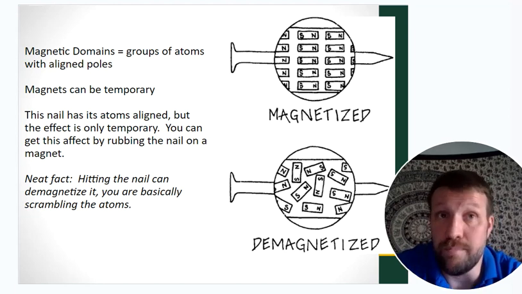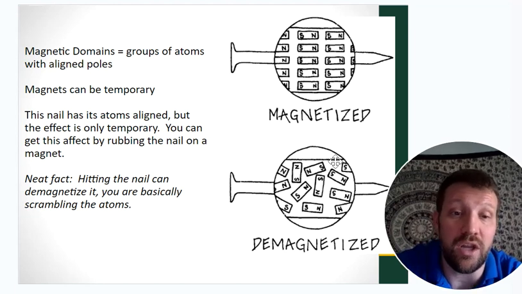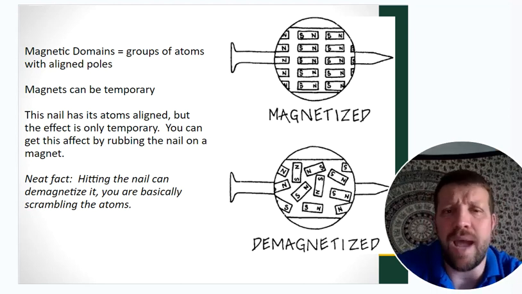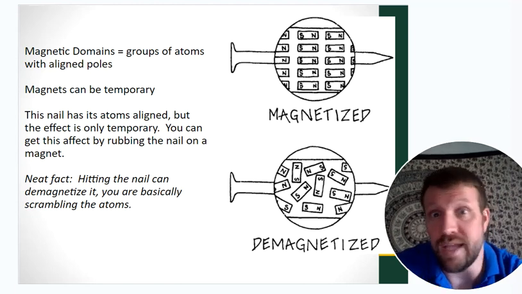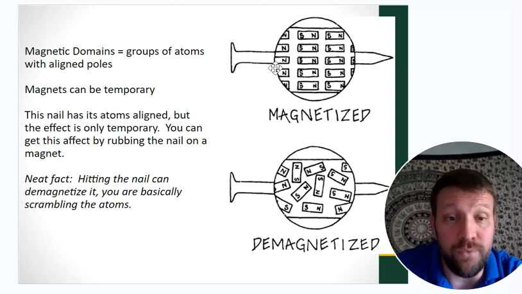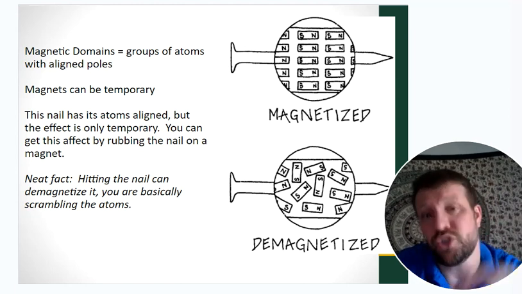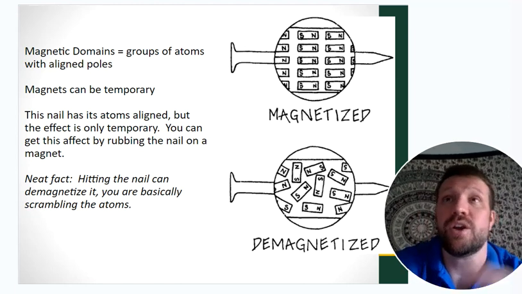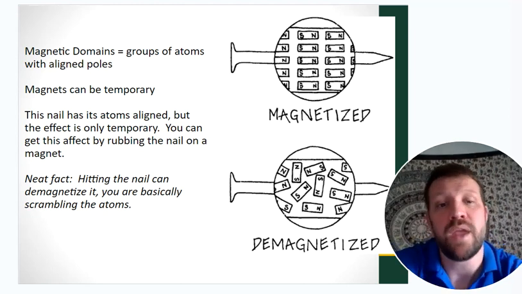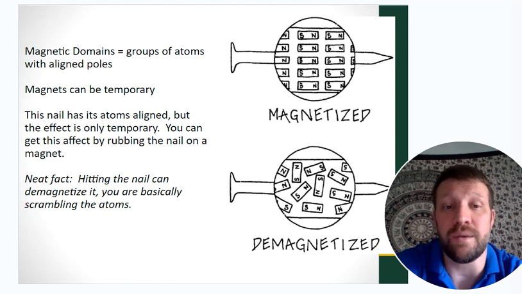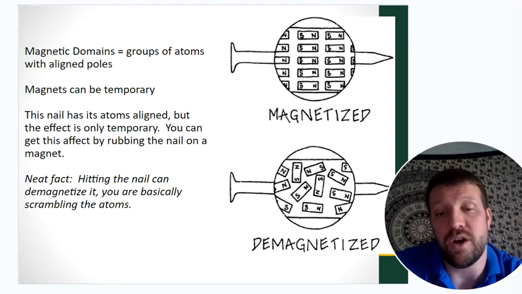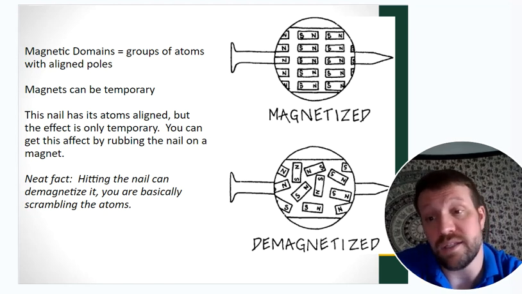It isn't that you smack something and all of a sudden they misalign. When you hit the top of this nail, you're actually deforming the whole nail. It gets a tiny bit shorter every time you hit it as it goes into a piece of wood, gets a little bit compressed, and that jumbles up all of these different domains within it and causes it to potentially become demagnetized.